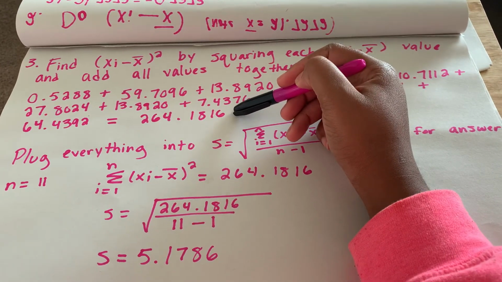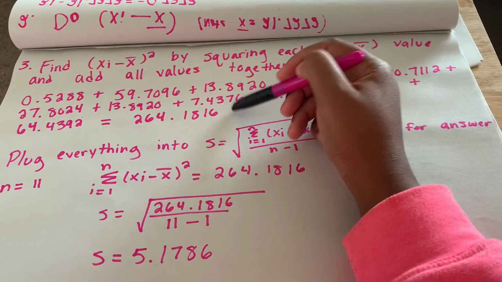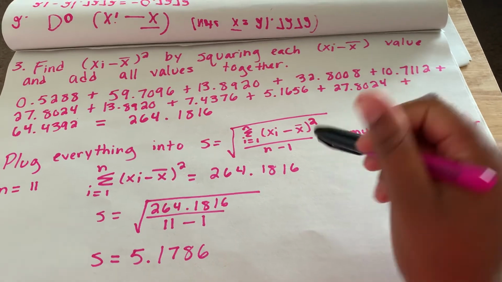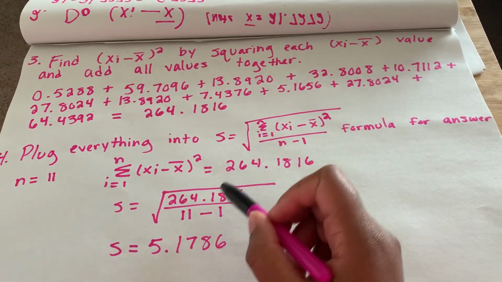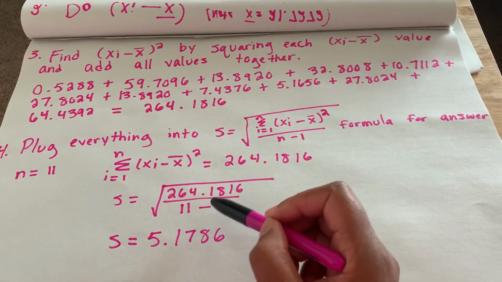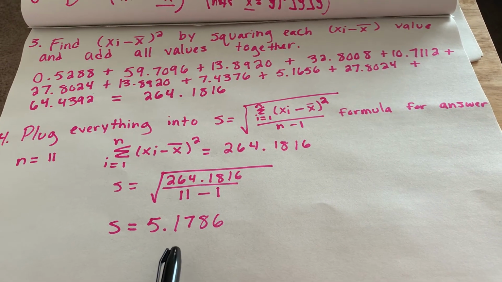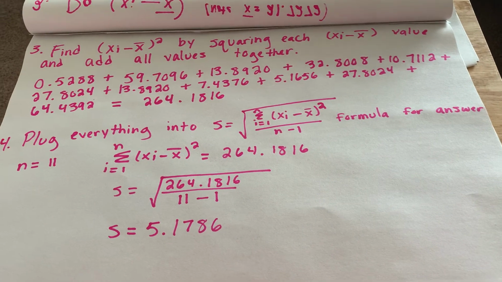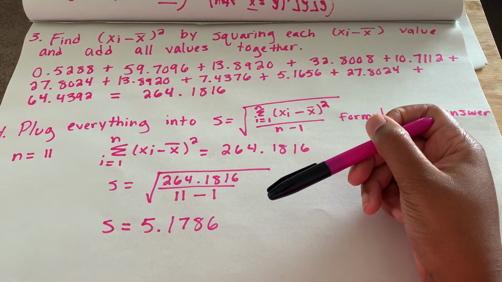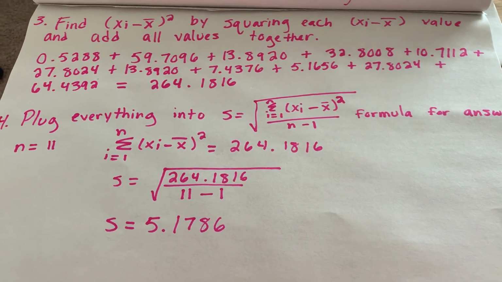So we subtracted the mean from each term, we squared each of those results and added them together to get 264.1816. If you take those two values and plug them into the formula, once you take the square root of this result, your final answer for the standard deviation would be 5.1786.